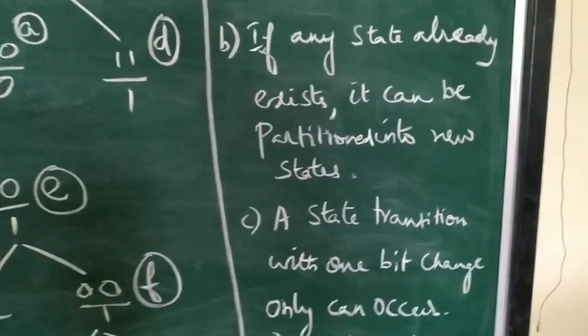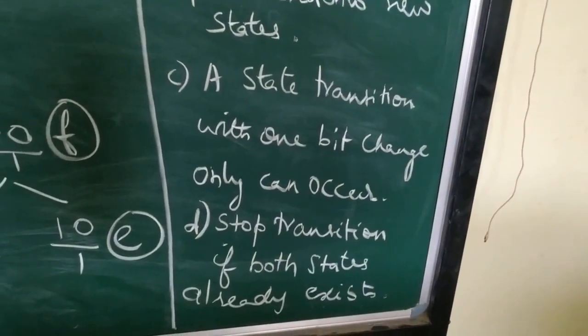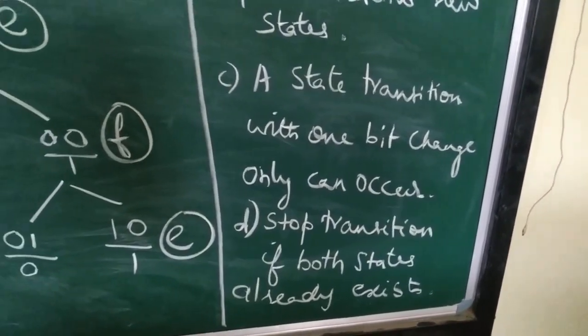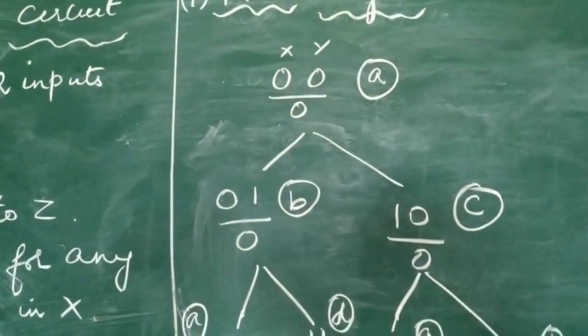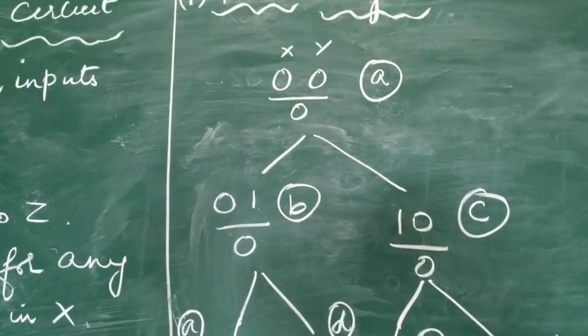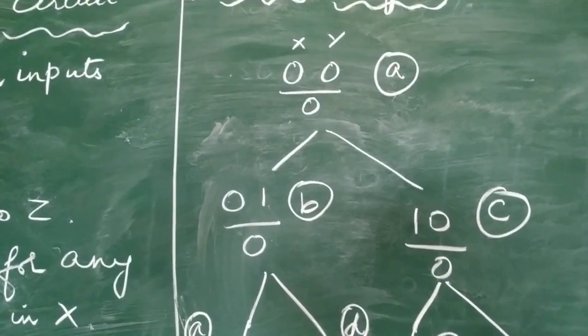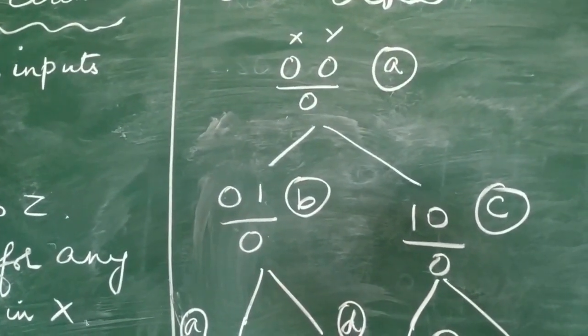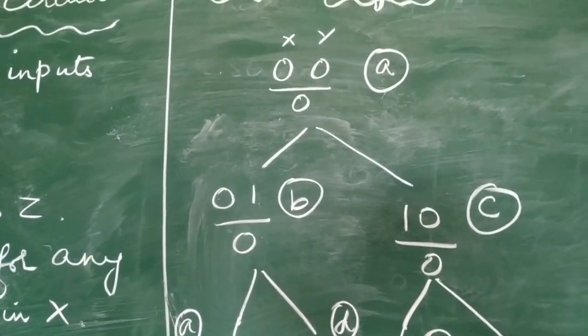I have given it in one of the points. It is C. A state transition with one bit change only can occur. So the 0, 0 can transit to two states. What are they? 0, 1 and 1, 0. And only one bit can change in the two given bits.